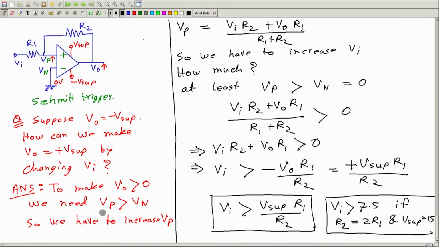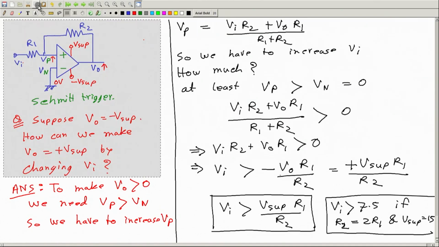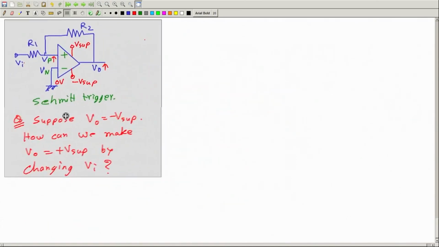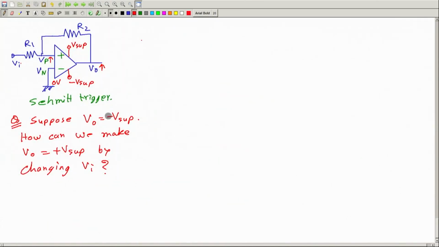Okay. Similarly, you can ask the same question: if Vo is positive, then what should we do to make it negative? Copy, next page, paste. So if this is positive, how can we make it negative?